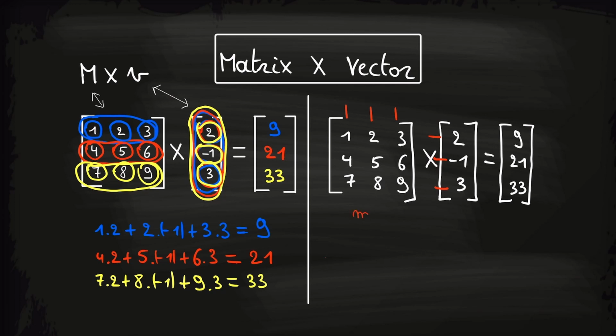You write down the dimensions of the matrix and vector. And if the inner two numbers match, then you can multiply them and the result will be something of the dimensions of the outer two numbers. For example, if we look back at our example and we write down the dimensions, you see that these two numbers match and the result is something of these two dimensions.